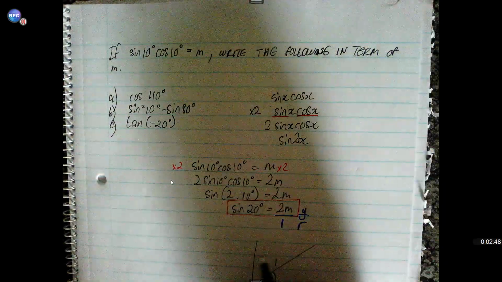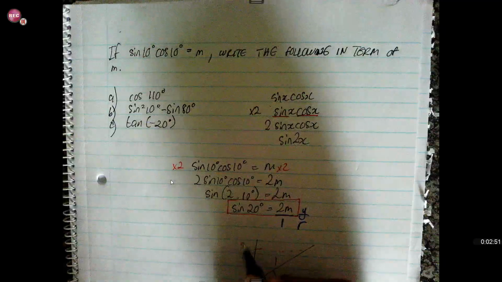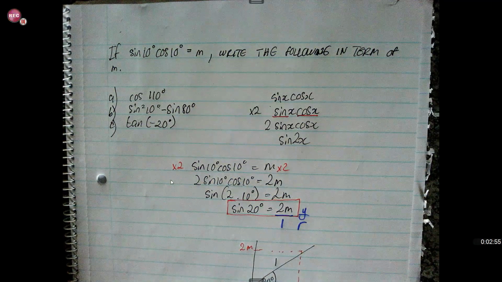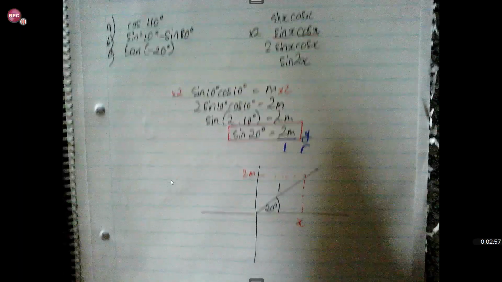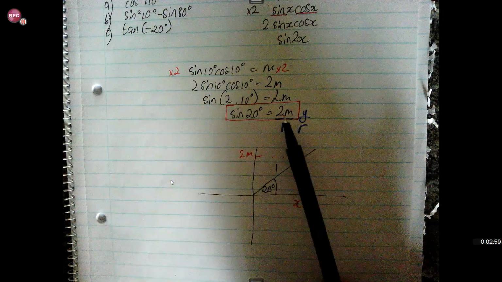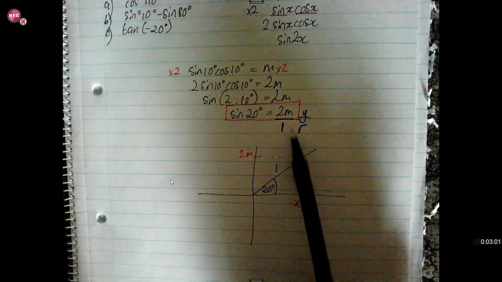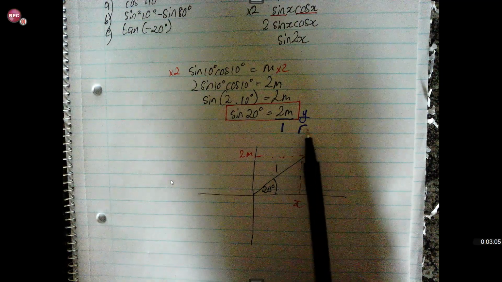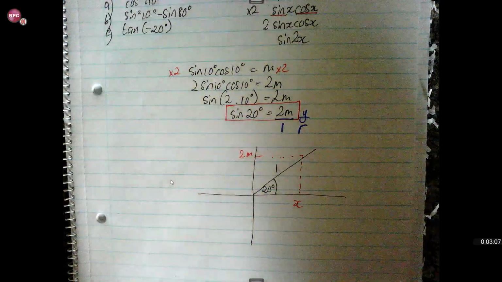The value of y is 2m, and the value of x is what we have to calculate. Sorry about that. So 2m is our y value, x is an unknown value that we have to calculate, and r is the value of 1.